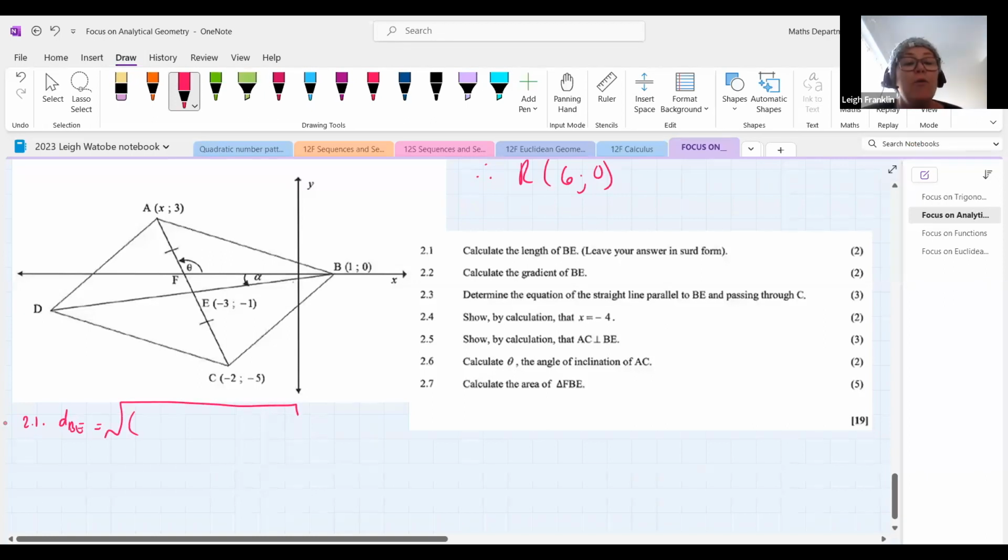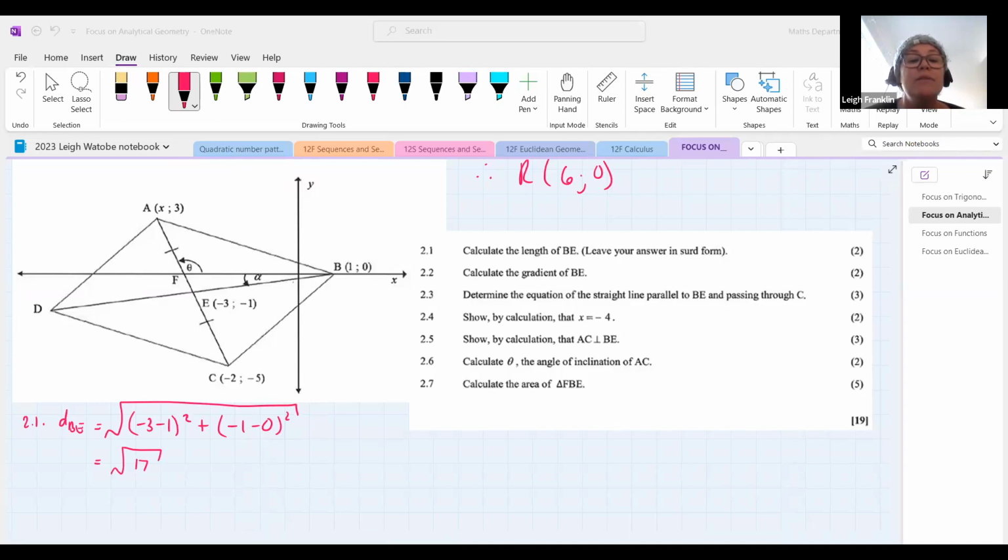So the length of BE, we would sub in our coordinates, and then -1 minus 0. And we should be getting root 17 as our answer.